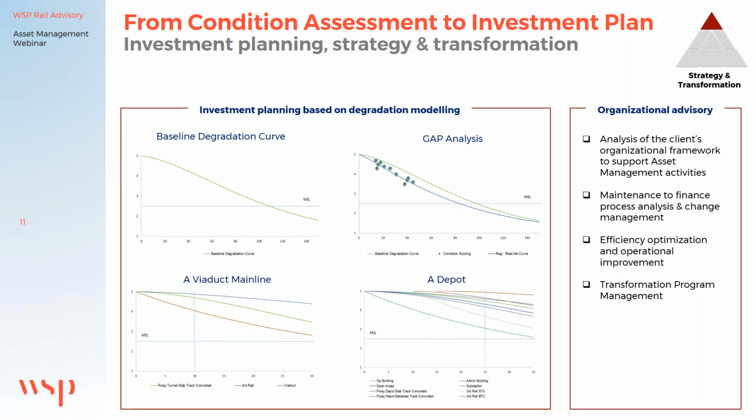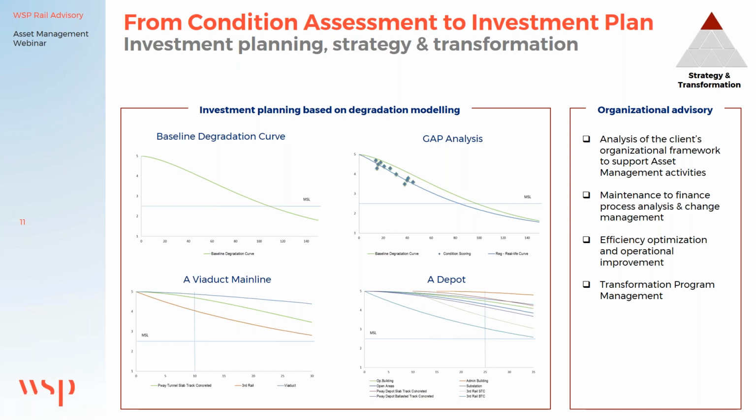So basically, the organization looks at this and says, well, either we rectify now and we invest this much and we get back to the wished line, or we can wait a number of years, but then we will risk losing a number of years in the asset lifespan. So that's a quite valuable and powerful tool for financial planning.